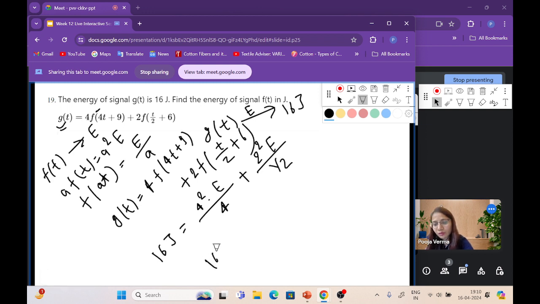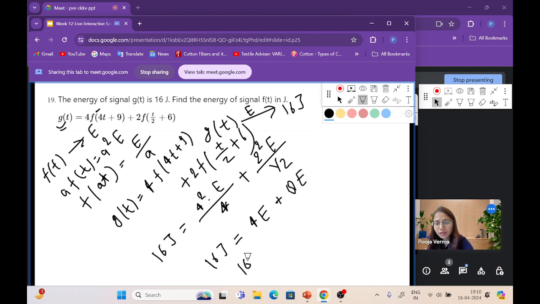Now 16 joule is equal to 4, and 4 we cancel out, so here we will get 4E, and 1 by 2 is going to 80 if we calculate it.